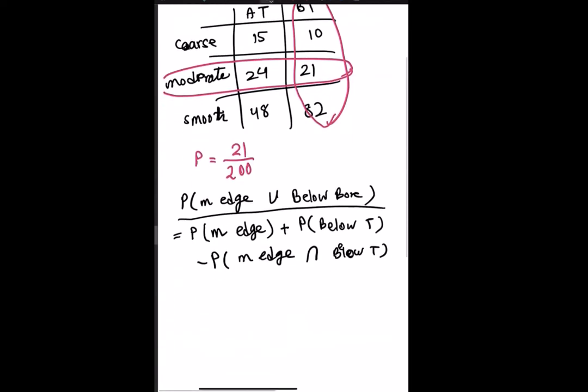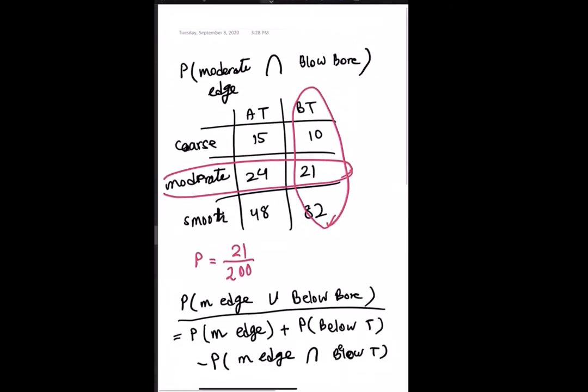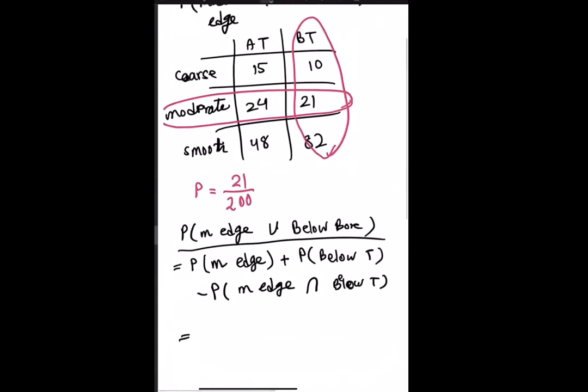Okay. So now, what is the probability of moderate age, that the part has moderate age? Which row or column?